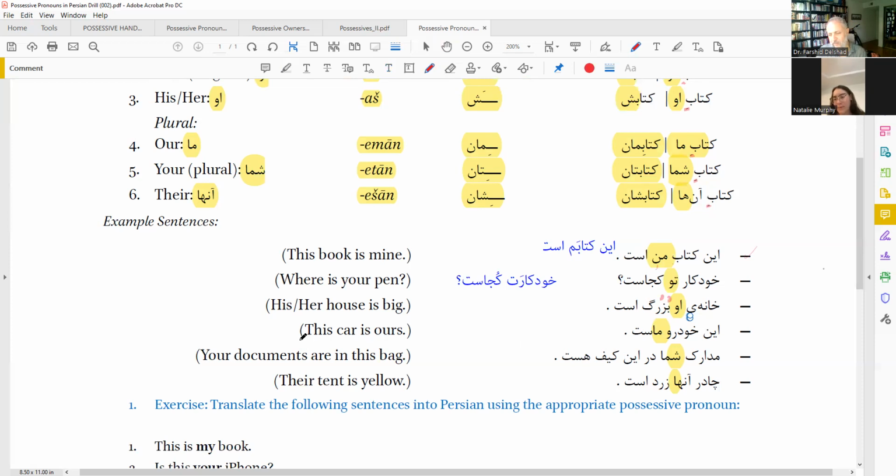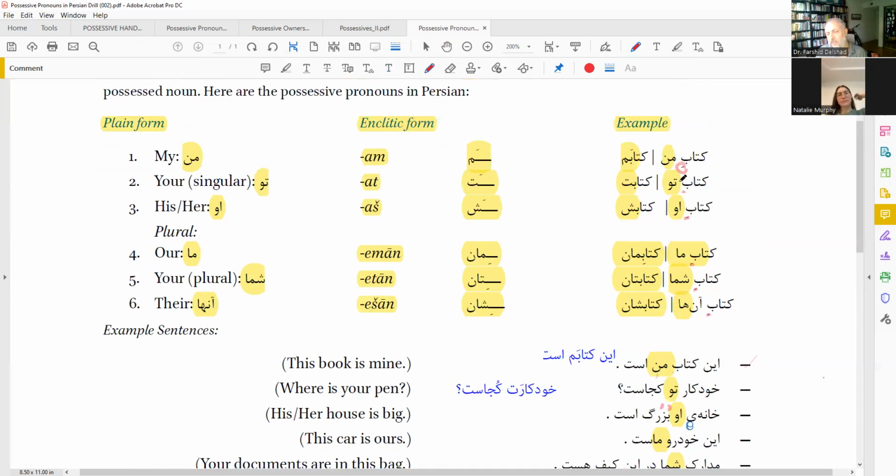Now, something happens here, because it's a phenomenon that we haven't dealt with yet. The word khane ends with a vowel. And I explained that in order to create a connection between the possessed one and the possessor, respectively the owned one and the owner, we have to add an a as a short vowel at the end of the last letter of the first word.